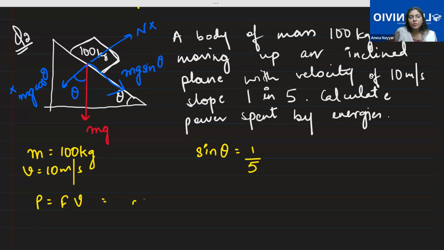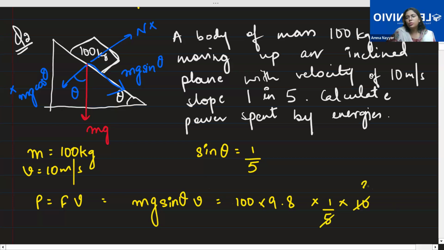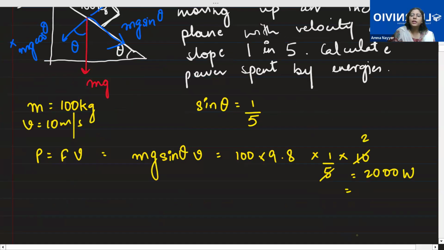So power is mg sin theta into velocity. Mass is 100, g is 9.8 meter per second squared, sine theta is 1 by 5 and velocity is 10. This becomes 2, and 9.8 is almost 10, so that becomes 2000 watt approximately, which is equal to 2 kilowatt.